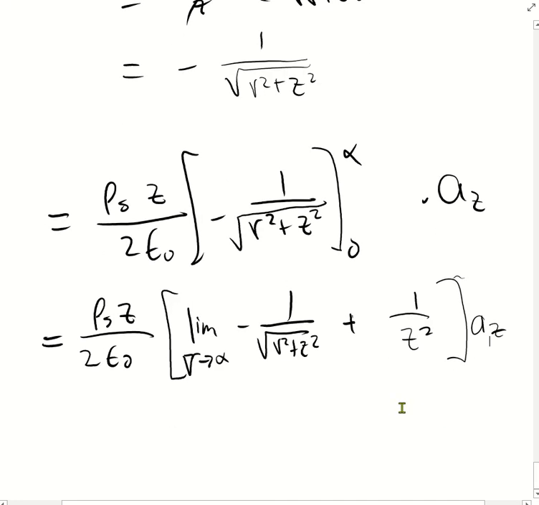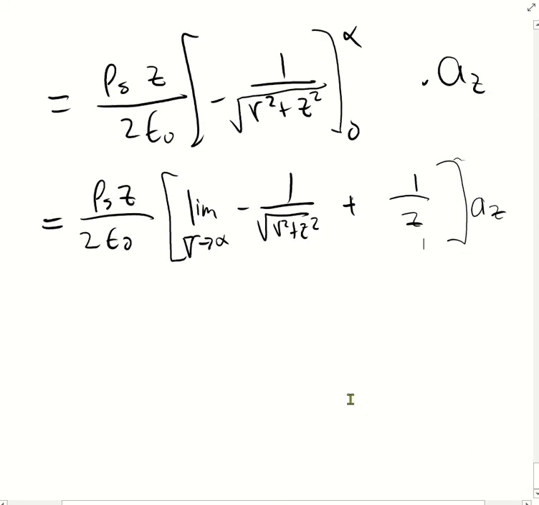Wait, this should be z, because it's still a square root. So this should be z. So here, we can again factor out the r, or the z, like what we did earlier, to take the limit of this one.